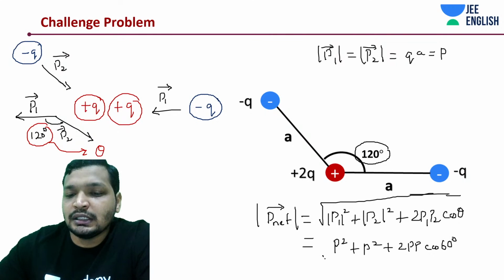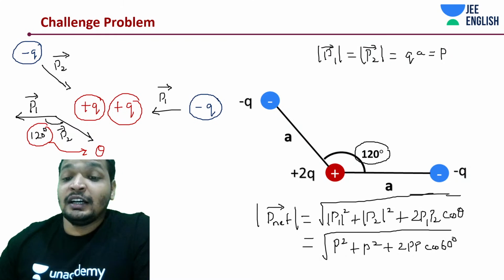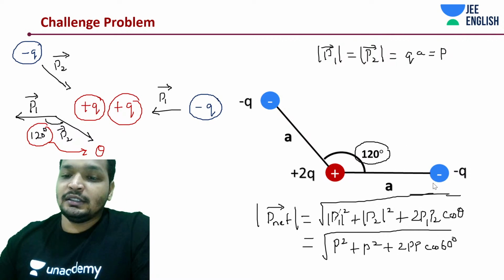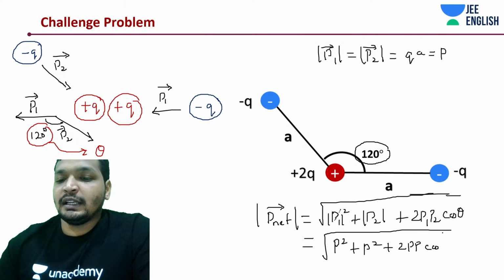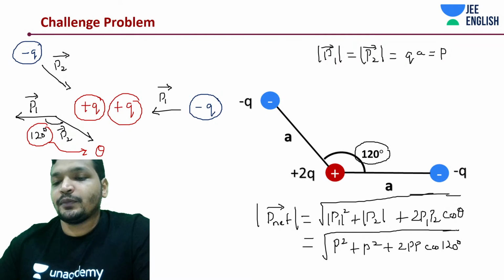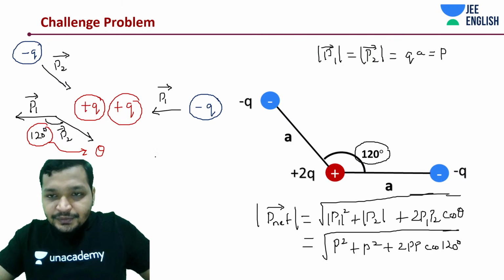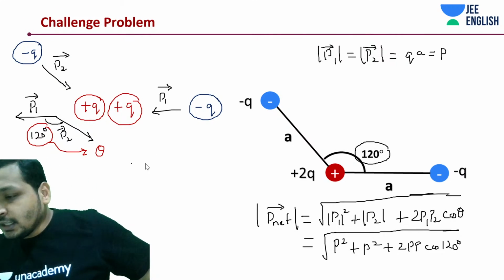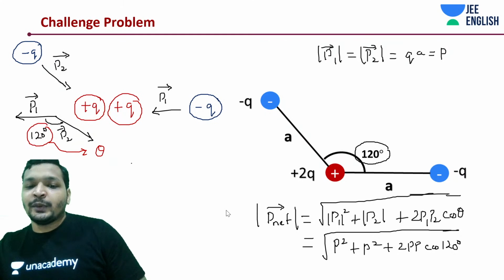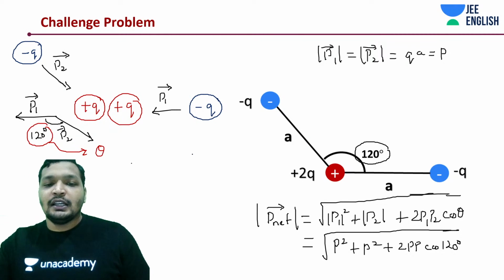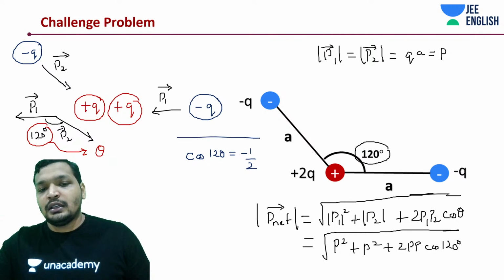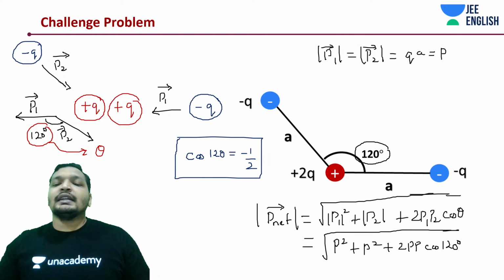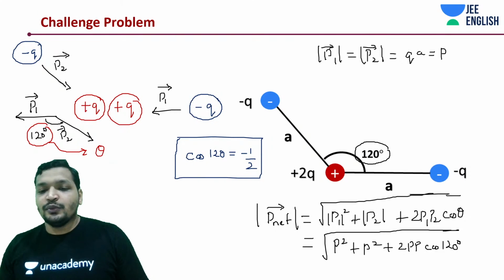Over here, my mistake, it's cos 120. The calculations will change. What is cos of 120, guys? Minus 1 by 2.